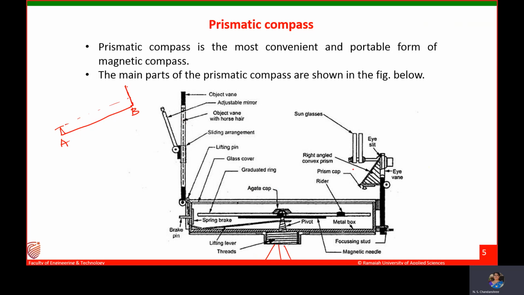Next, there is the magnetic ring which is suspended, and the readings on this ring can be read with the help of a prism. This prism helps us in reading clearly and noting down the readings in a very clear manner. These are the major parts of a prismatic compass.